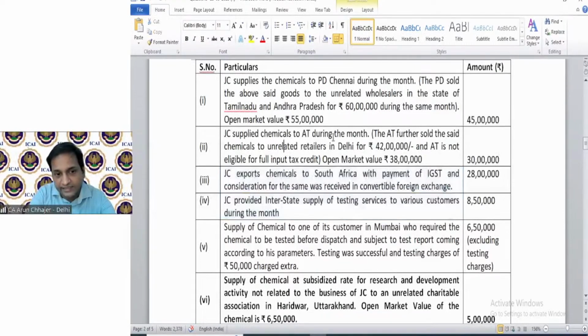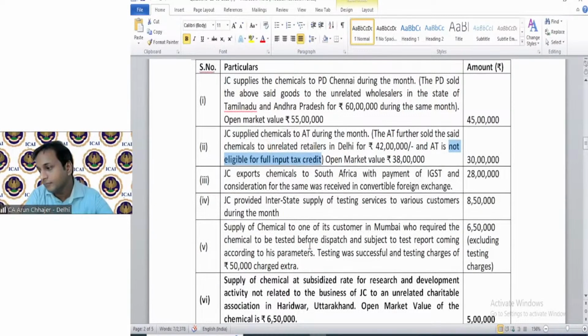Now they are saying that JC supplied chemical to the AT during the month, and the same concept applies: open market value, 90%. And this is very important. Why?